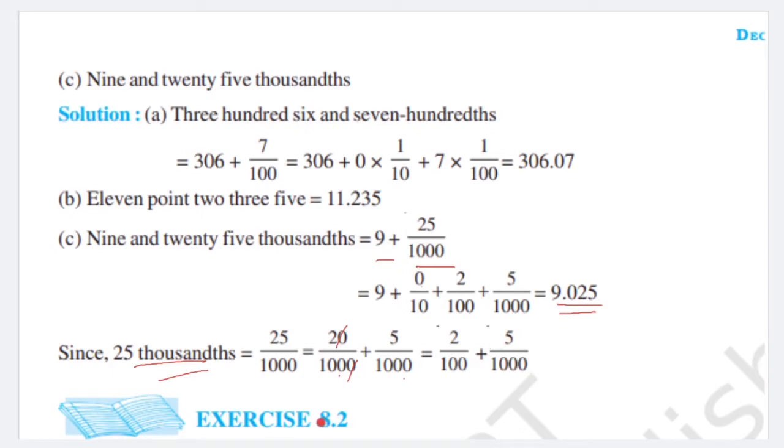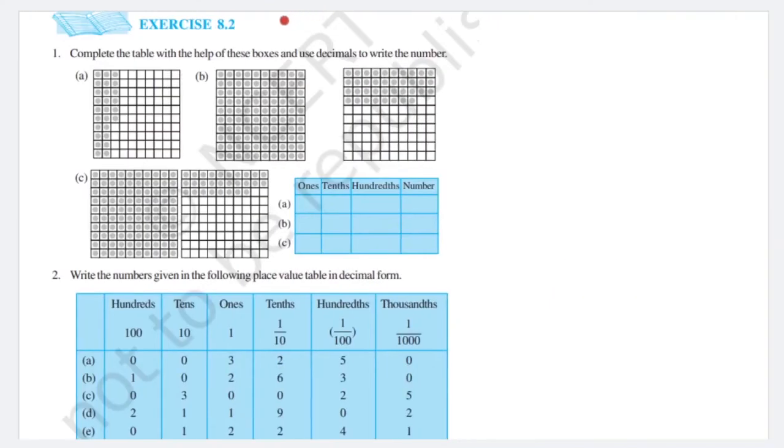Okay. Let us see the exercise 8.2. Complete the table with the help of these boxes and use decimals to write the number.